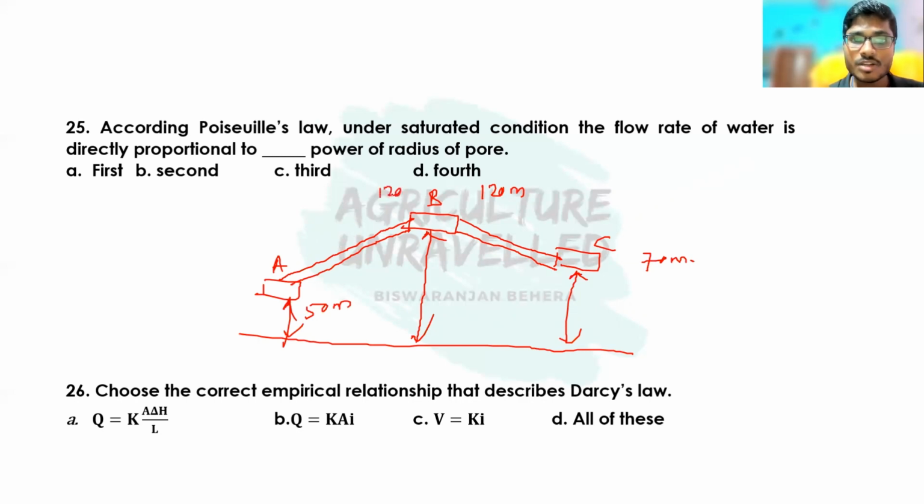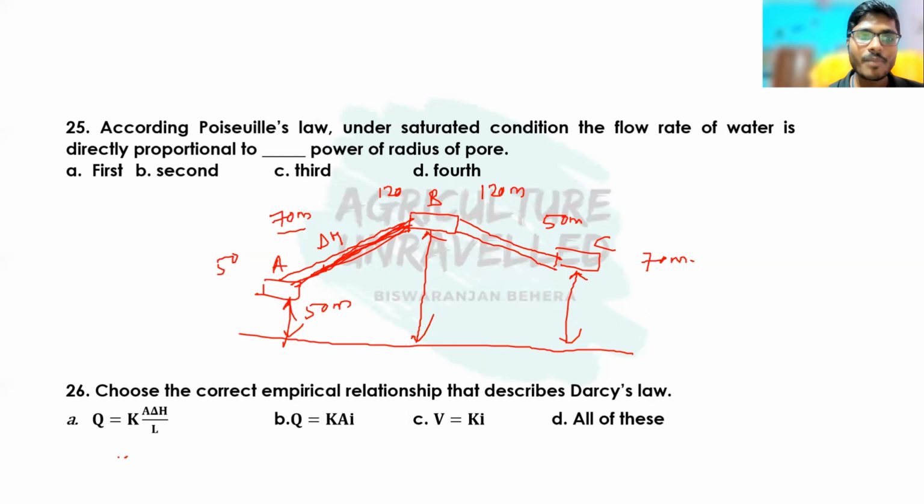Here it is 120 meter and 50 meter, so the difference is 70 meter, del H is 70 meter. But for B and C, it is 120 meter and 70 meter, so the hydraulic head difference is 50 meter. As there is more hydraulic difference and it is steeper, water will flow at a higher rate from B to A than B to C. So the third principle of Darcy's law is also correct.